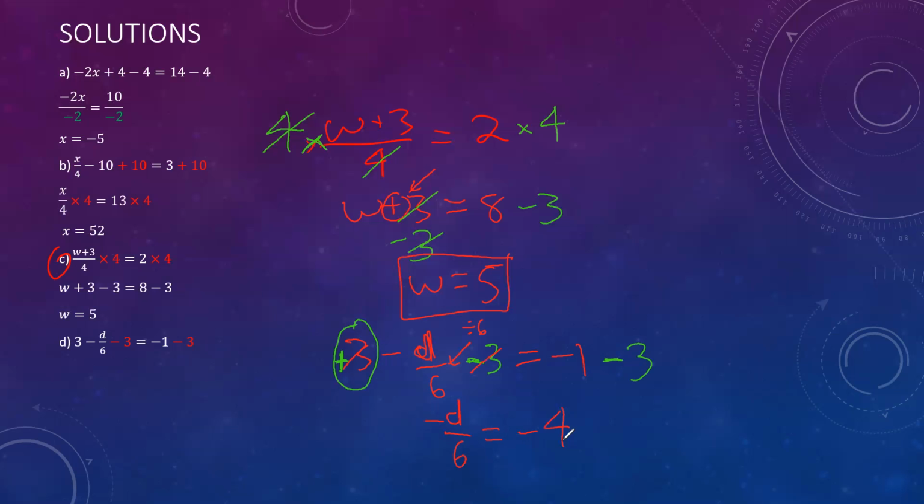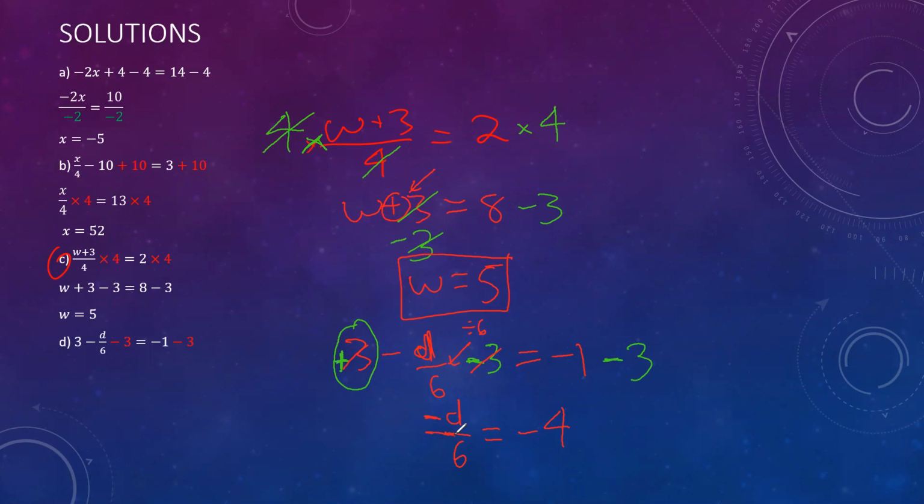And our next step here, what should we do next? Well, we have -d over 6, or divided by 6, is equal to -4. Now, this fraction right here, there's a negative sign, and I know some of you have asked about this already. There is automatically a negative sign in front of the fraction, right? But we can think of it, and we talked about this already, we can put the negative sign in the numerator.